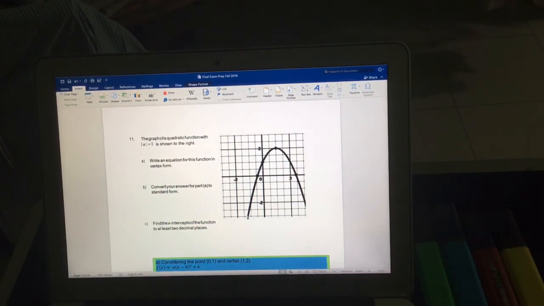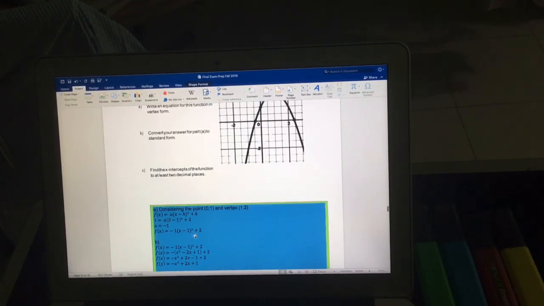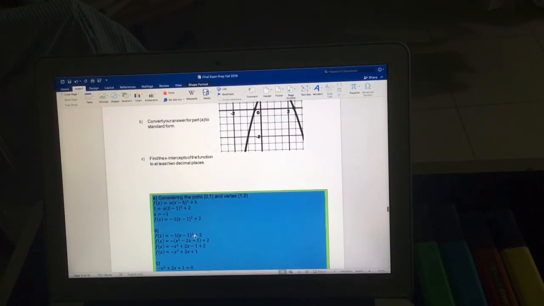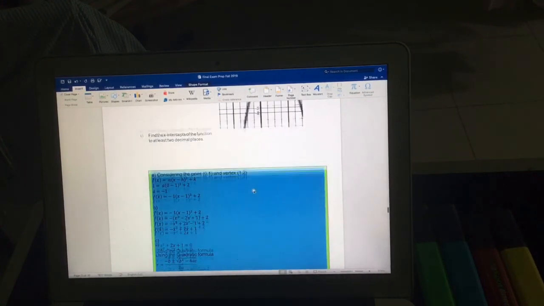As you can see, this is a down-opening graph and the modulus of a is 1. That means actual a equal to -1. So you do not have to do all this calculation. You can directly write this line if you think about it. But make sure that you understand that although it is written plus 1, actually it is minus 1, because we can see the graph is down opening, so it will be minus.